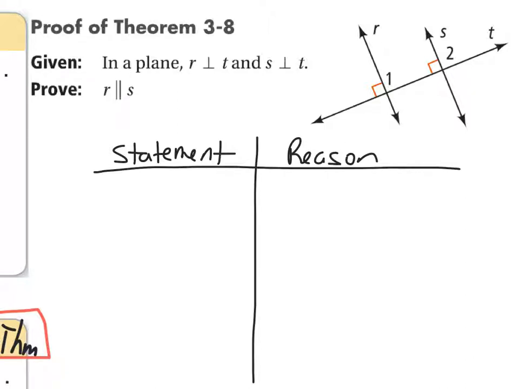And our givens are always our first statement. So we have R is perpendicular to T, and S is perpendicular to T.